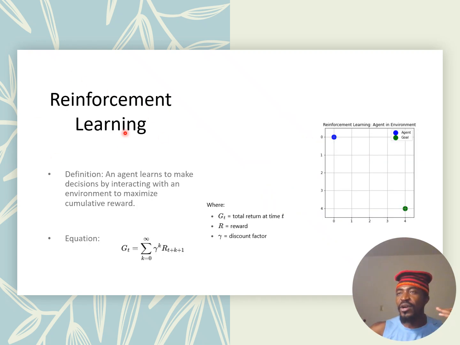The last type of machine learning algorithm is reinforcement learning. Reinforcement learning is that kind of machine learning algorithm where an agent learns to make decisions by interacting with the environment to maximize some cumulative reward. A good example here is, let's think about a robot. Let's say you want a robot to be like a sales agent, what you do is that you try to train that robot to be able to do that task.